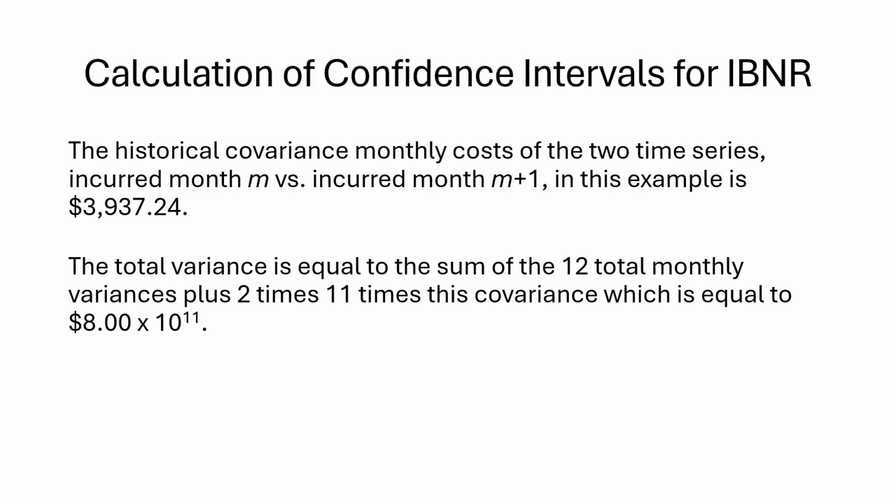In order to get the covariance values, I regress the monthly costs for the period from July 2020 through May 2022 against the costs of the same series set forward 1 month, that is from August 2020 through June 2022. In this example, the covariance was $3,937.24. The total variance is equal to the sum of the 12 total monthly variances plus 2 times 11 times this covariance, which is equal to 8.00 times 10 to the 11th.